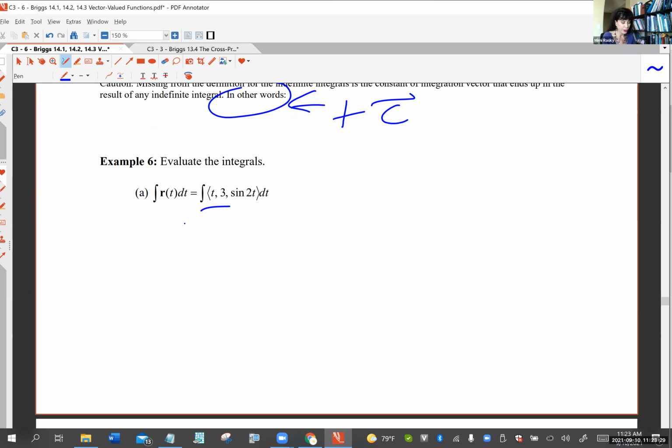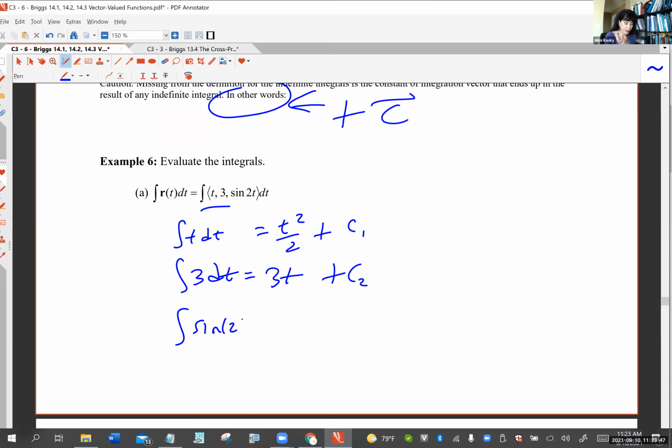So what is the integral of t with respect to t? You guys know how to do that? T squared over 2. Yeah. Plus c1. Integral of 3 is 3t plus c2. Integral of sine 2t. Uh-oh, you may have to do a little bit of u sub.